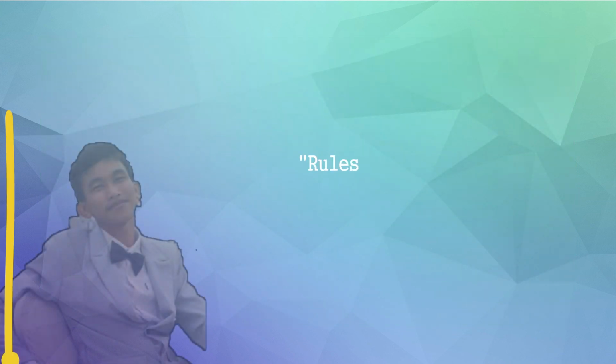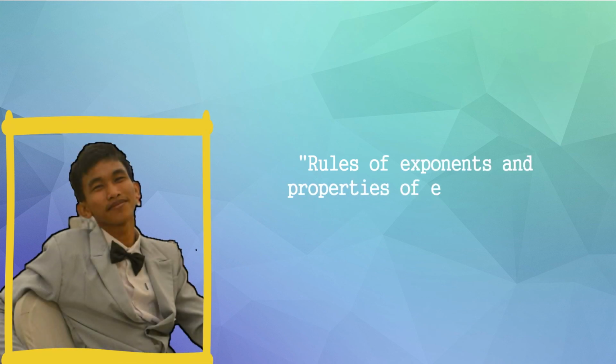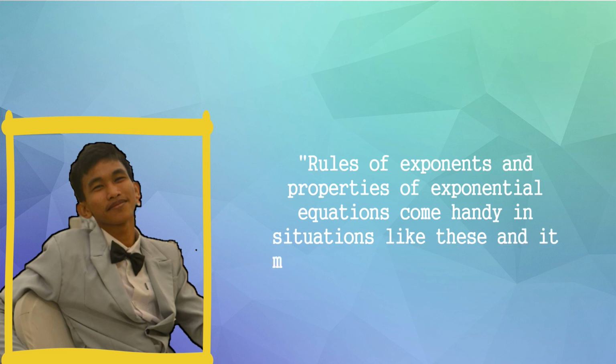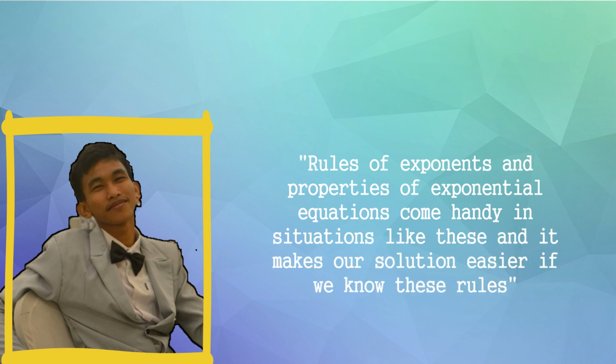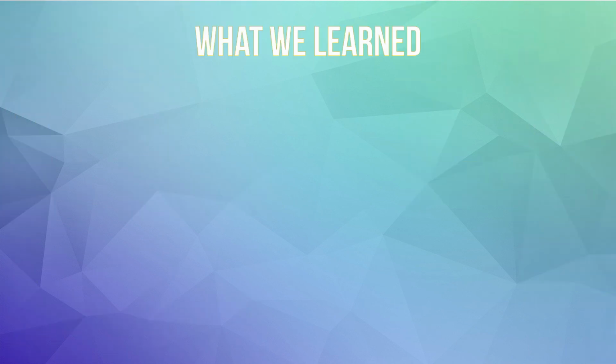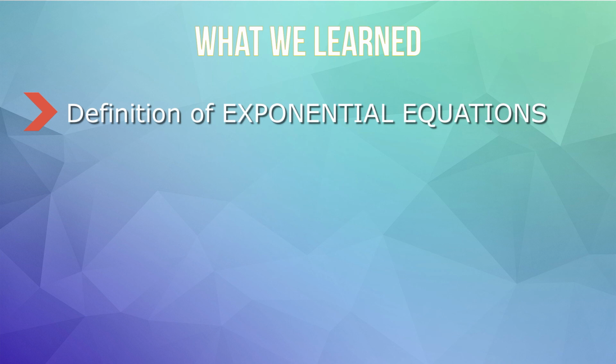You see, rules of exponents and properties of exponential equations come in handy in situations like this, and it makes our solution easier if we know these rules. Now, let's wrap up what we have learned. First, we have learned the definition of exponential equations.